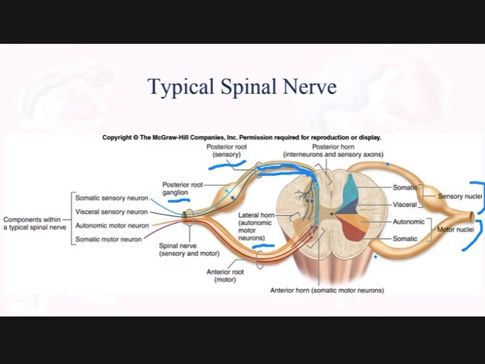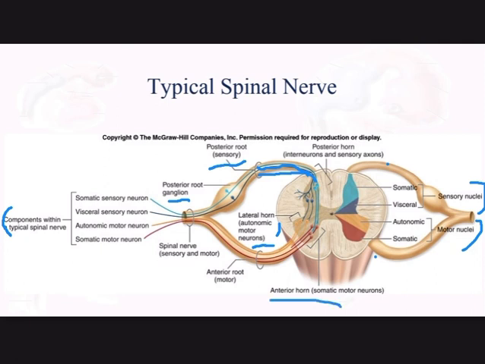So here we have a lateral horn, and this has the autonomic motor neurons. This is the anterior root, and it goes here, and it gives a combination of all of this: somatic and visceral sensory, autonomic, and somatic motor. And we're going to talk about them in much more detail.